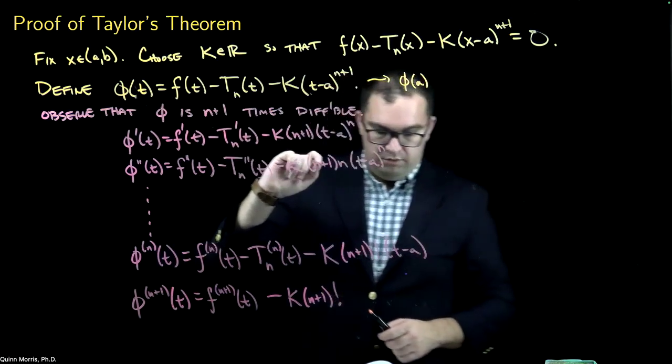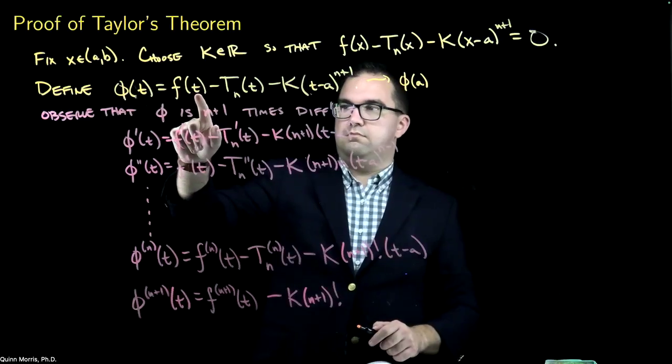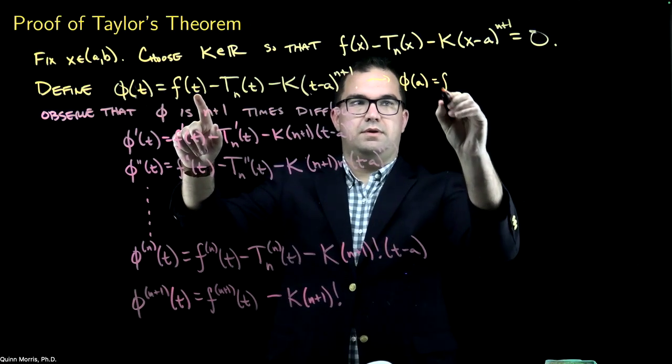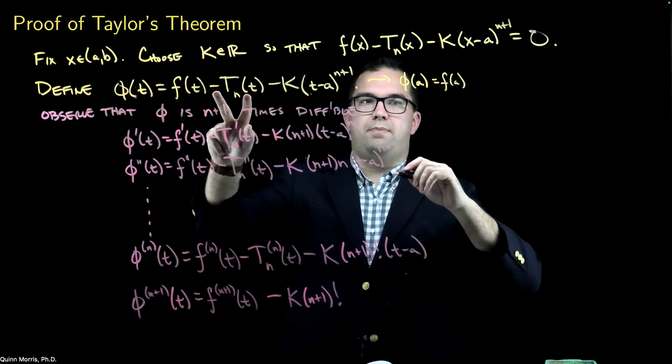Okay. Well, f of A, this will be f of A minus the Taylor polynomial.